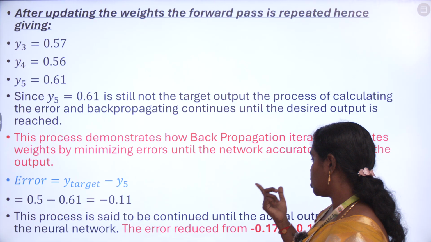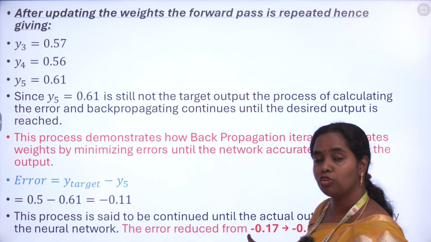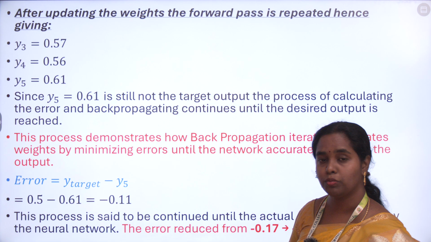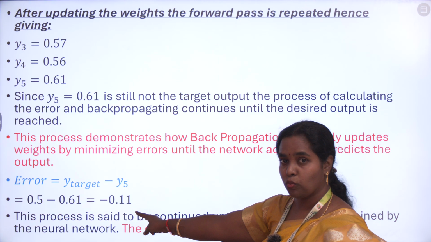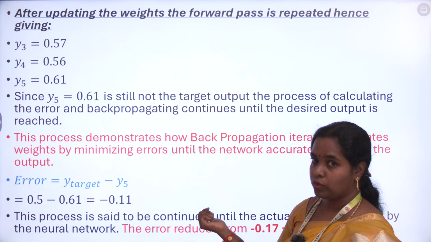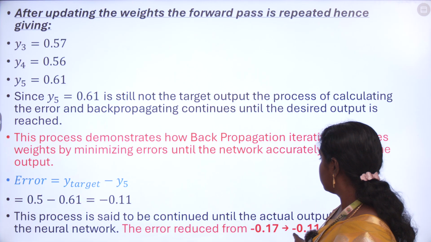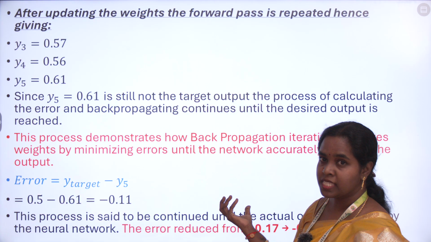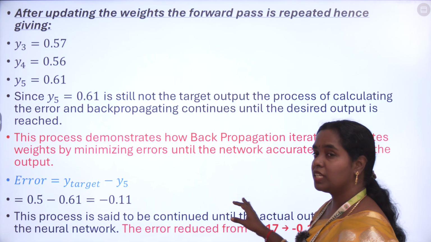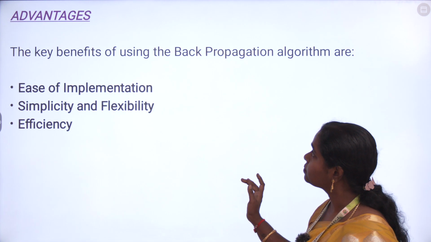In the previous section we found minus 0.17 for the forward propagation. Now we get minus 0.11 after the backward propagation. So the error is reduced, your destination output is reached, and the termination is completed.